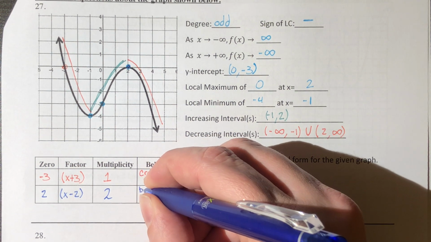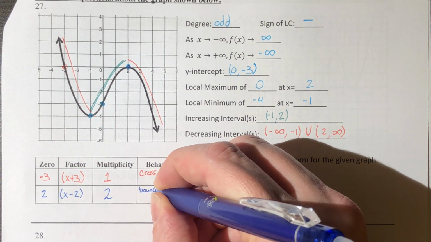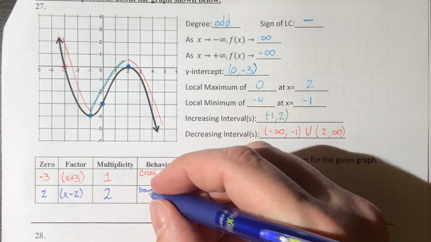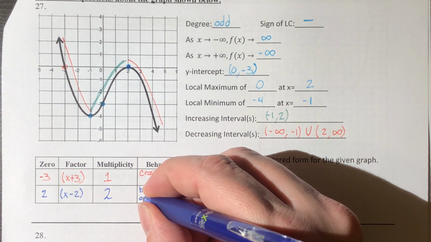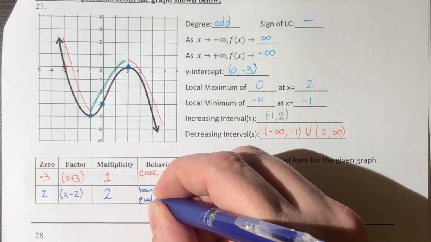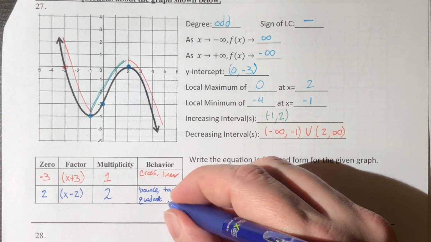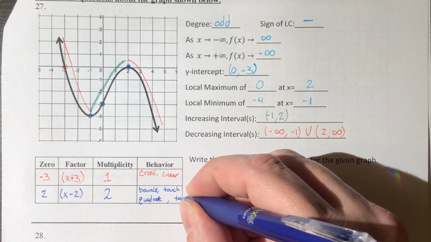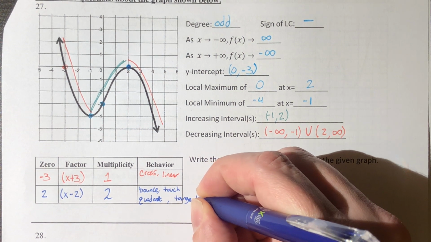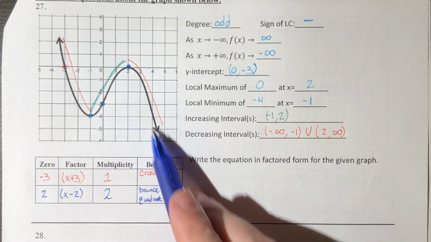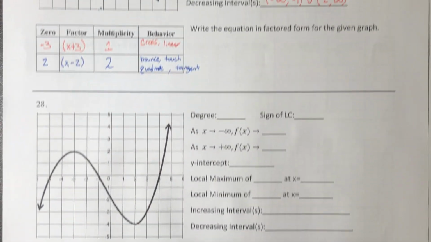It could either be bounce, it could be touch, you could have seen quadratic, or you could have seen tangent. All are the same thing where it hits it and goes back the other direction.